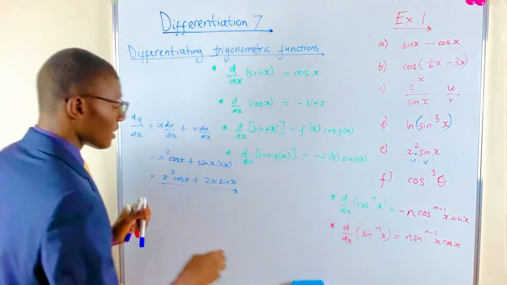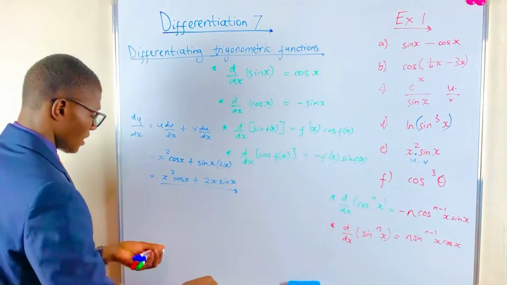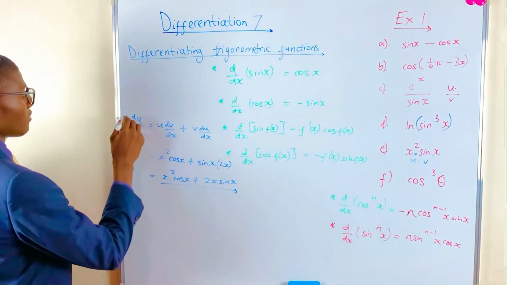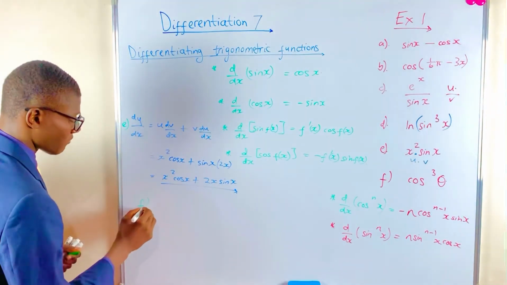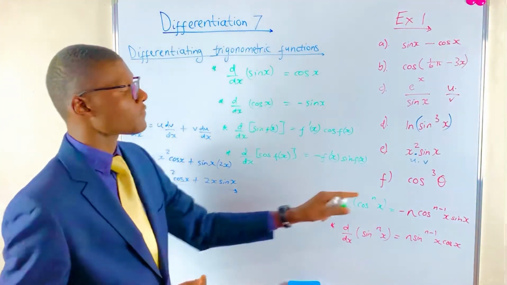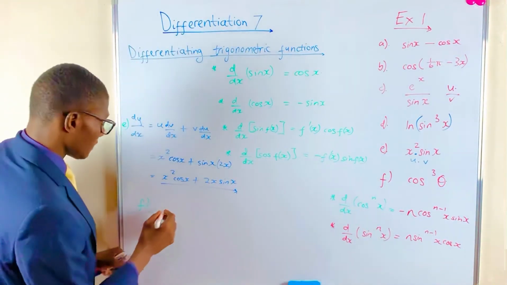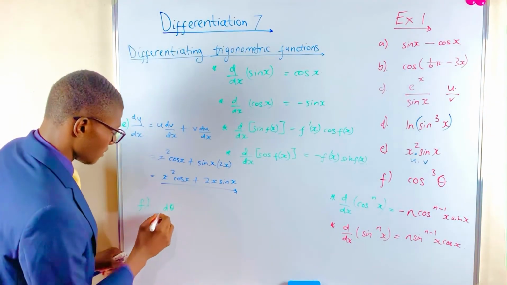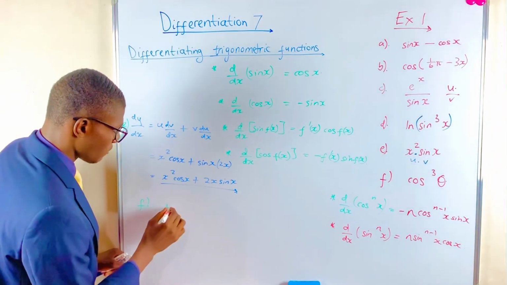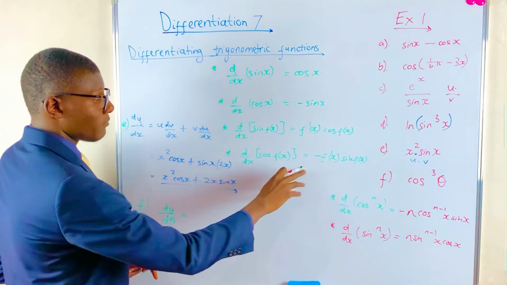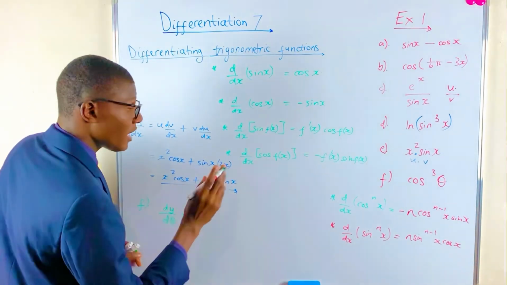Then looking at the last part, which is f. Let me just put it below. So this was e, now we'll move on to f. The derivative of cos to the power of 3 theta, let me call this dy by d theta, would be minus f prime x.